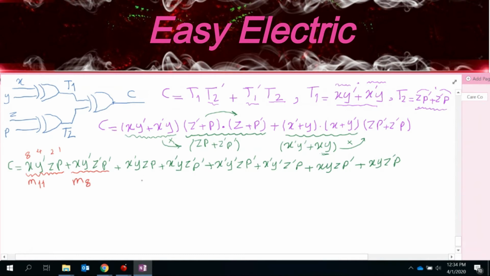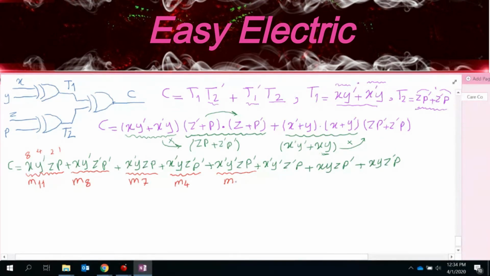That's right. So what should be this? It should be M7. That's right. How about this? What should be this? M4. That's right. What is this? Help me.